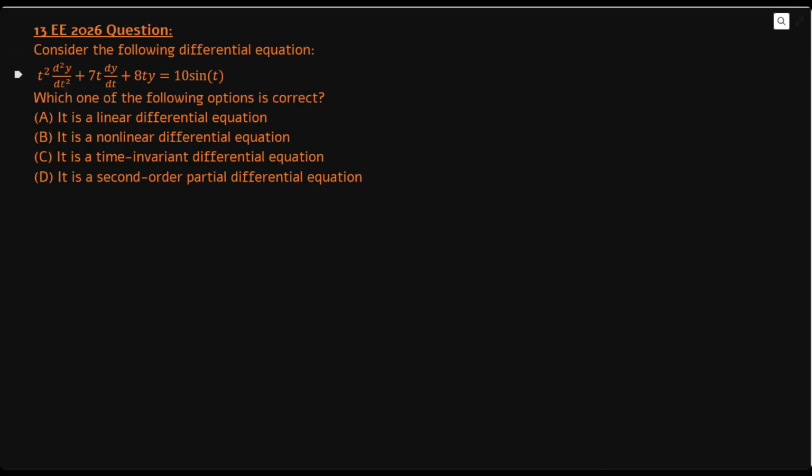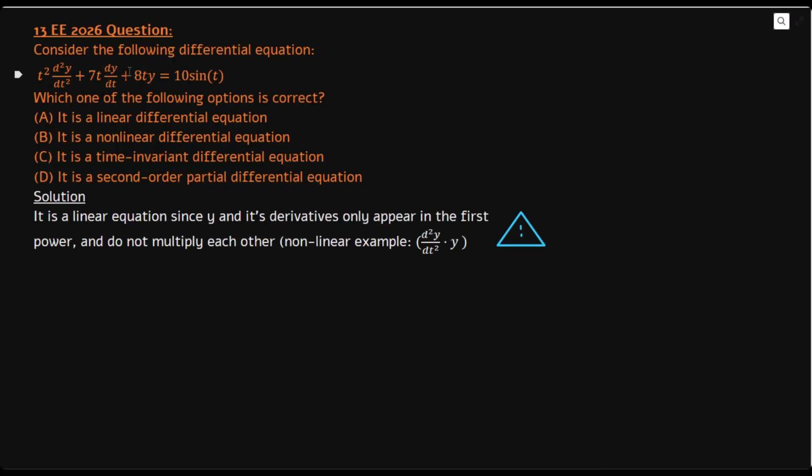Okay, we have the second derivative raised to the power of 1, and the first derivative raised to the power of 1, and the signal itself is raised to the power of 1. We don't have any function of the y signal raised to a power higher than 1. So this is indeed a linear differential equation.